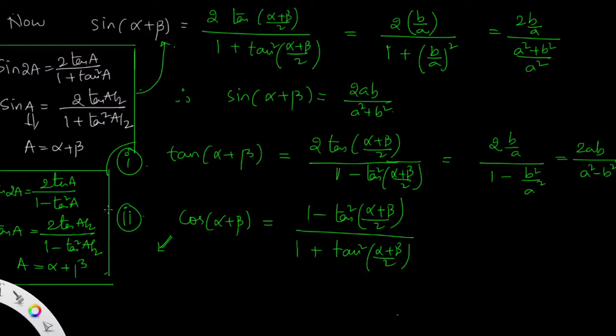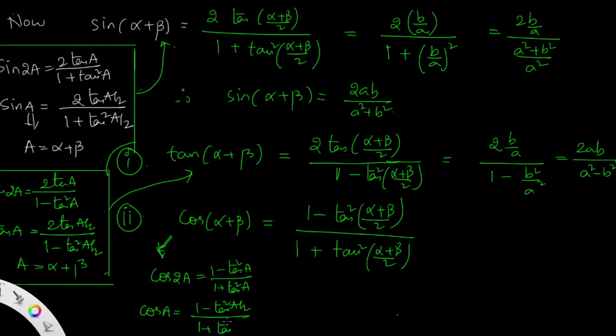Cos 2a in terms of tan is 1 minus tan square a by 1 plus tan square a. Now substituting, cos a equals 1 minus tan square (a/2) by 1 plus tan square of (a/2). So in the place of a we have alpha plus beta.